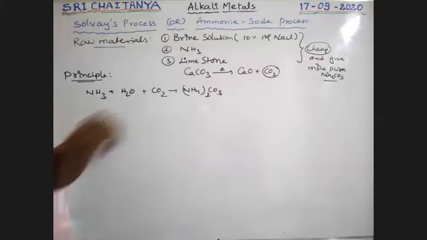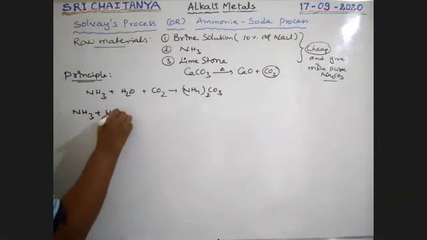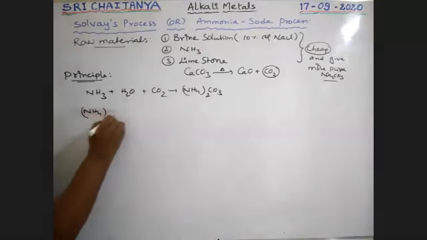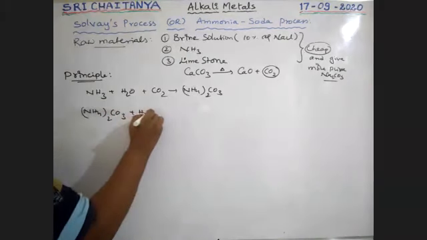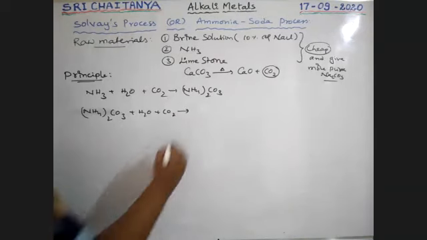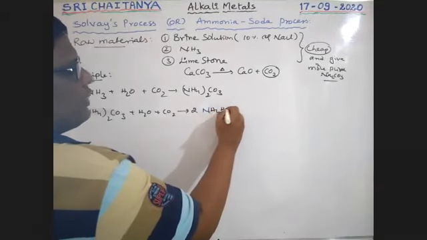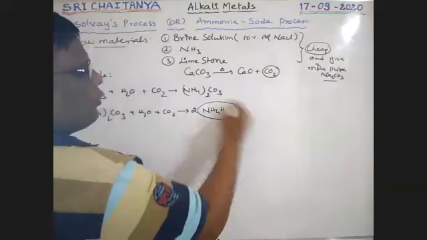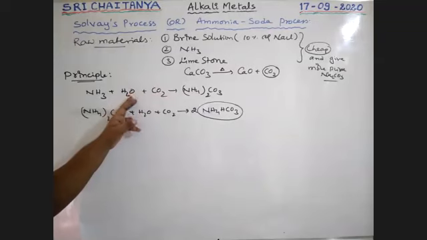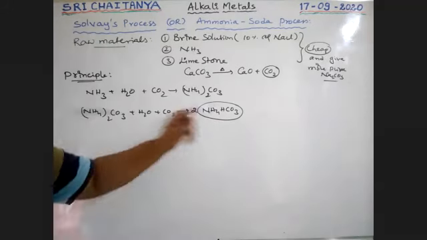This formed carbonate once again is involved in the reaction: (NH4)2CO3 plus H2O plus CO2. This combination finally gives ammonium bicarbonate, NH4HCO3. So ammonia reacts with carbon dioxide in the presence of water, gives first of all ammonium carbonate and then converts into ammonium bicarbonate.